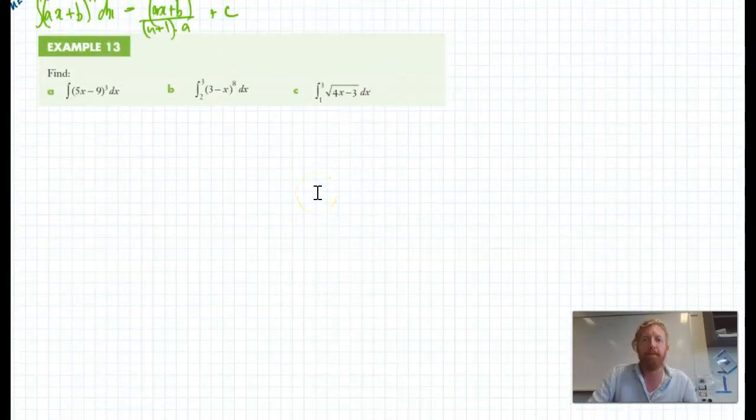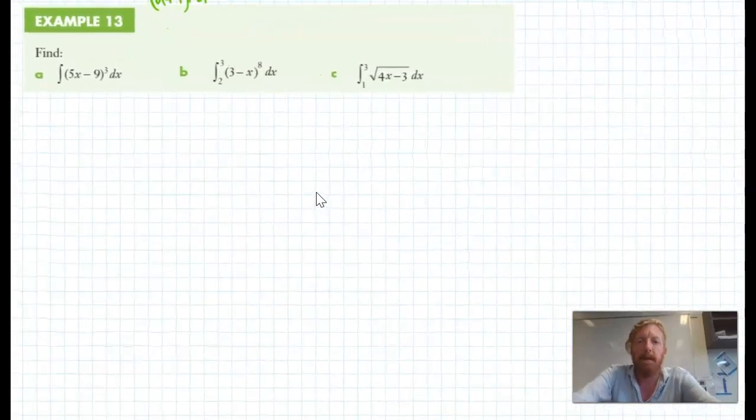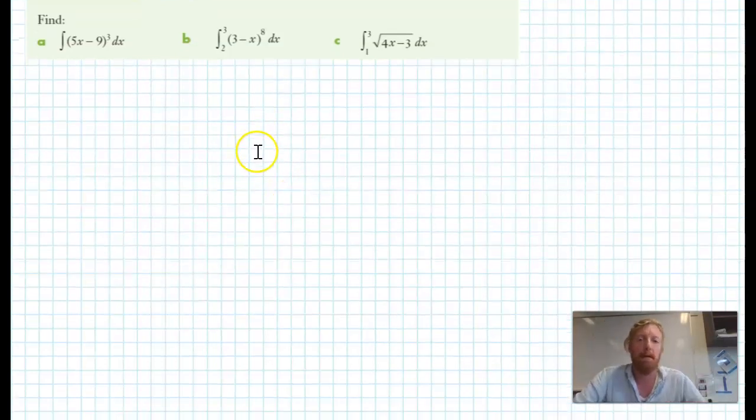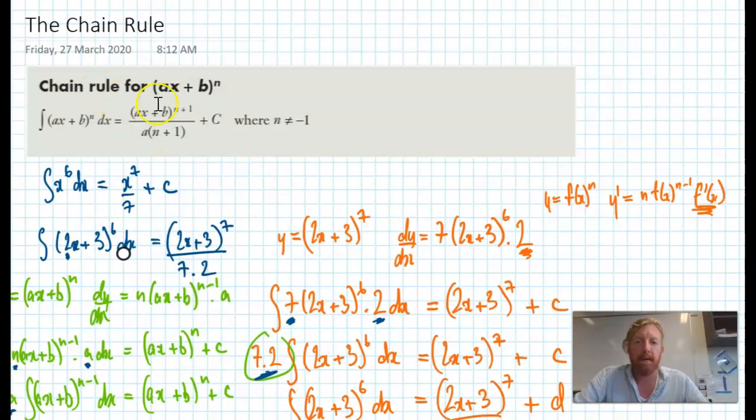Here we go. Alright, let's zoom in there a little bit, make it a bit clearer. Right, (5x minus 9) to the power of 3, using this guy here.